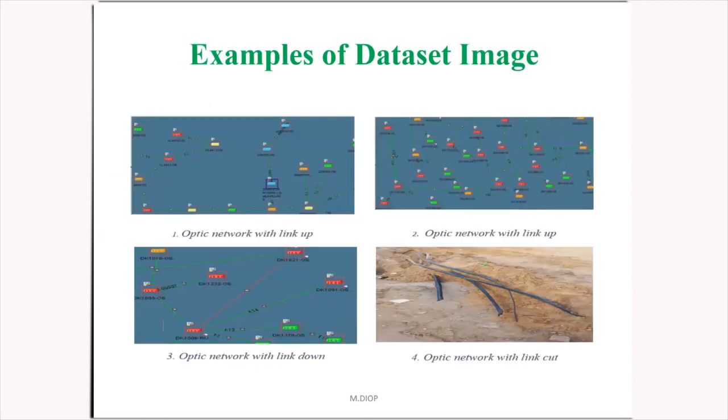Here I take some images of our data set used for training the model. You can see our fiber optical transmission network. Here we have all links up. Here we also have all links up. Here we have one incident of link down.